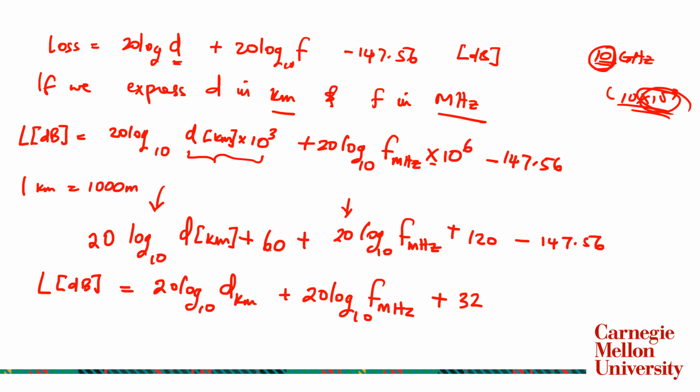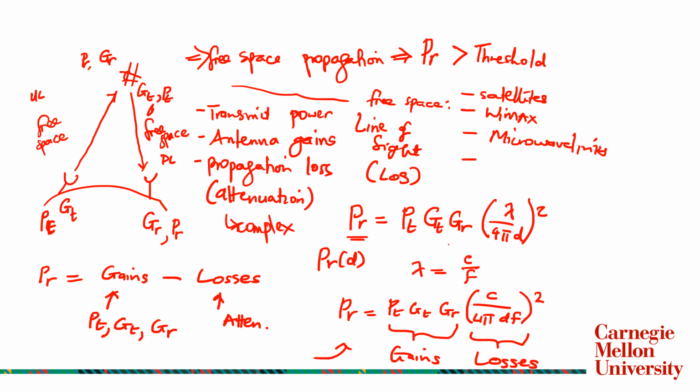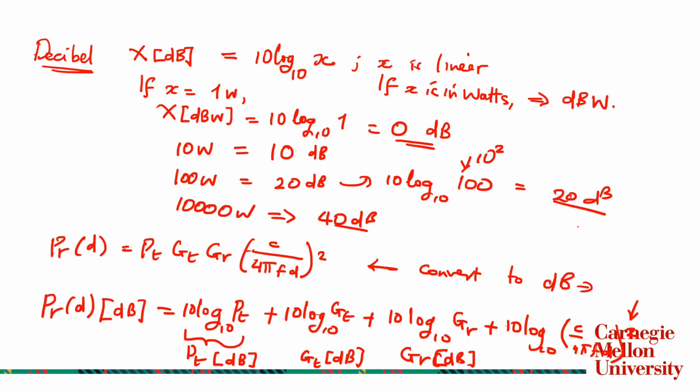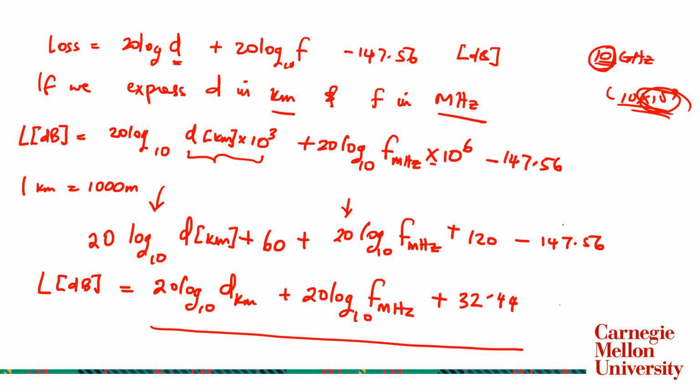If you add 60 and 120, that's 180, minus that, that is 32.44 in dB. So this is another equation. You don't really need to remember all these equations. The equation you need to remember is the original equation that I started with. If you know this equation, then you can derive every other equation.